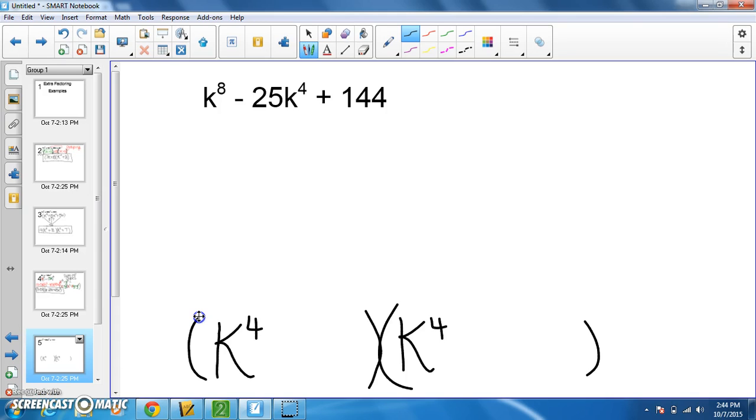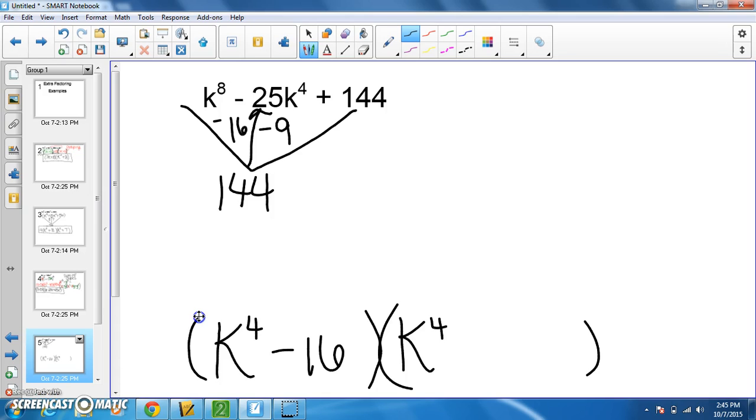So now I need to think about what two numbers multiply to 144 that add to negative 25. This means that I'm going to have 2 negative numbers here. Those 2 numbers are negative 16 and negative 9. So I'm going to fill those into my factors. K to the 4th minus 16 times k to the 4th minus 9.